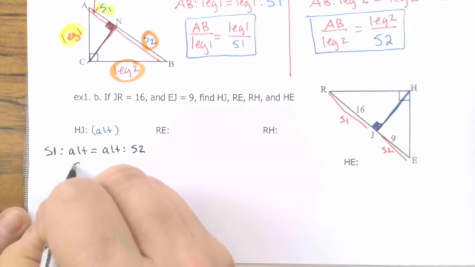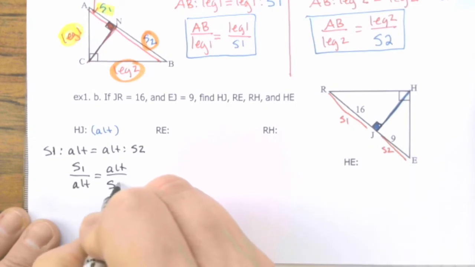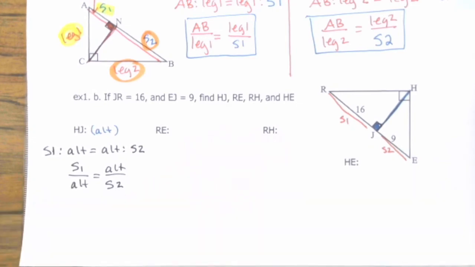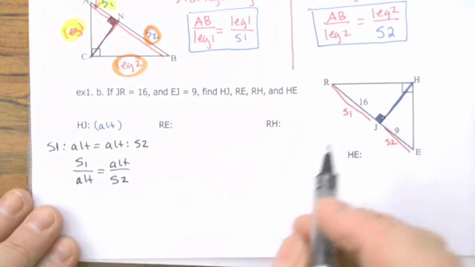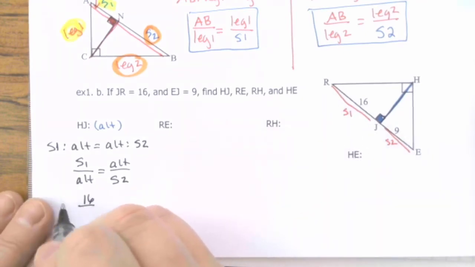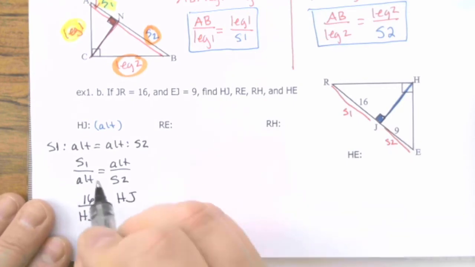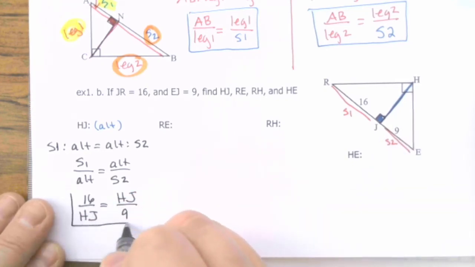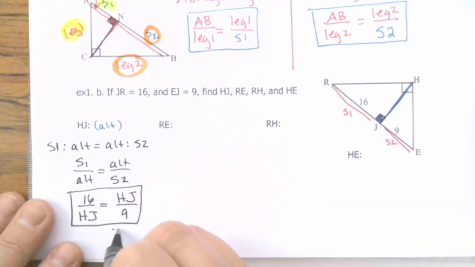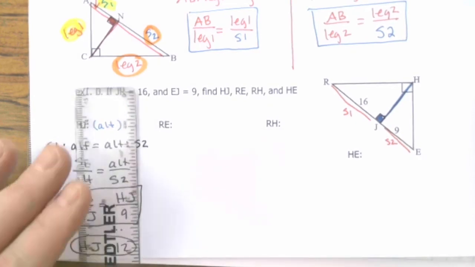So our equation is segment 1 over the altitude equals the altitude over segment 2. Now that we know what the equation is, we can fill the values in. Segment 1 is 16 over the altitude, which is HJ, equals the altitude HJ over segment 2, which is 9. There is our equation. When you solve it, you get HJ equals 12. Okay, so that's the first one.